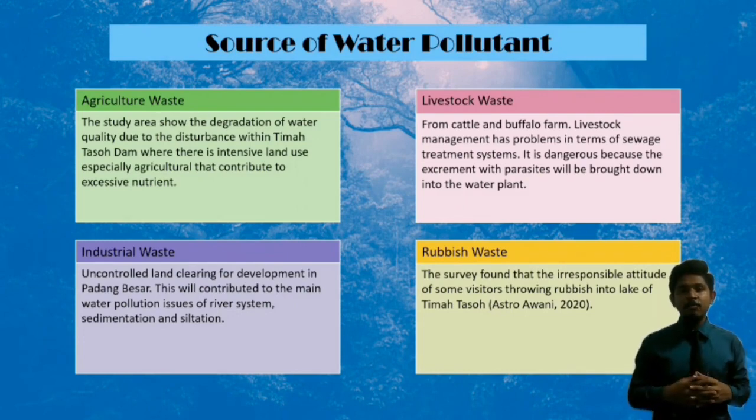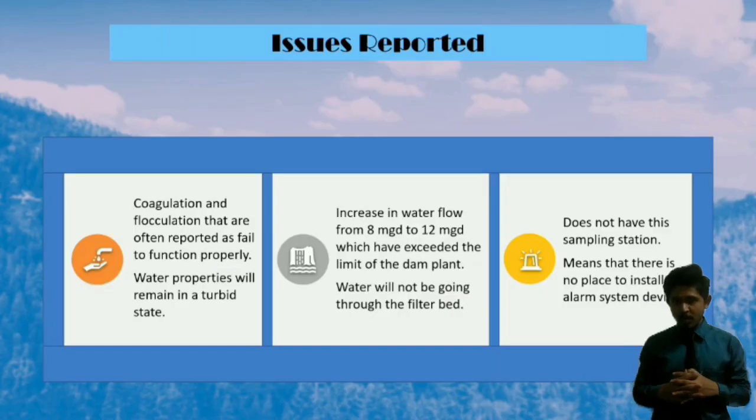Third, livestock waste because of the cattle and buffalo farms. And the last one is rubbish waste, where Astro Awani made a survey and found the irresponsible attitude of some visitors throwing rubbish into the lake of the Mataso.